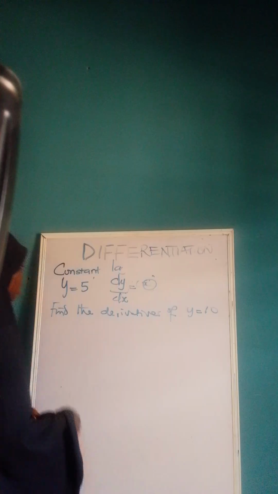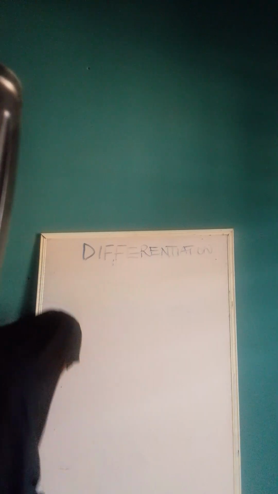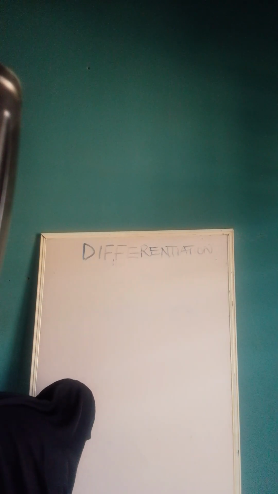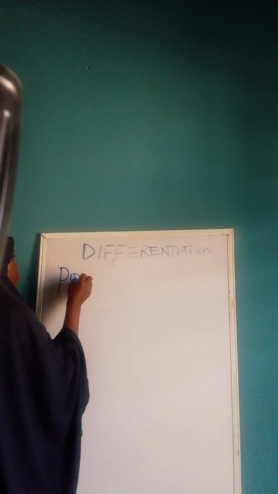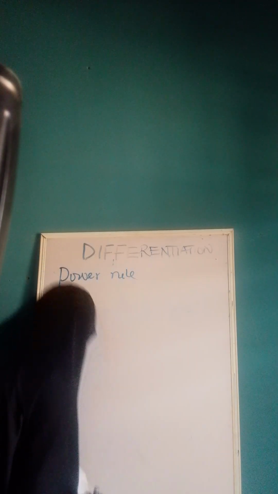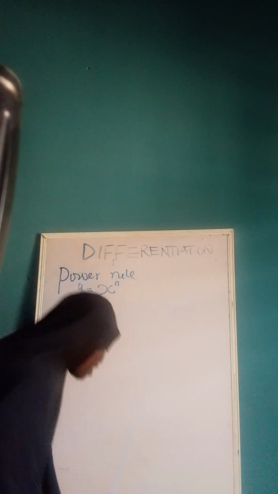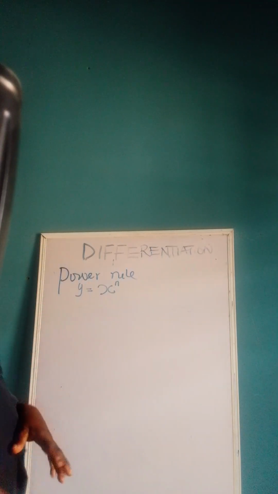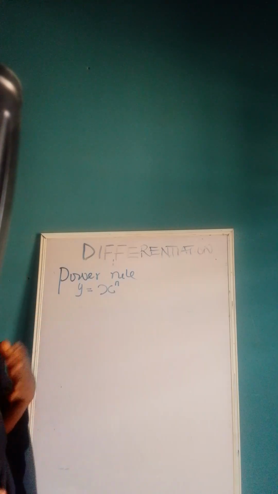So the second law is the power rule. For the power rule, it says that when y equals x raised to power n, and you are asked to differentiate y, which is to find the derivative of y with respect to x.